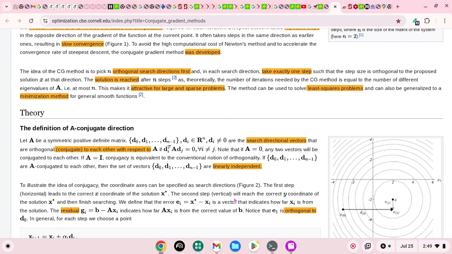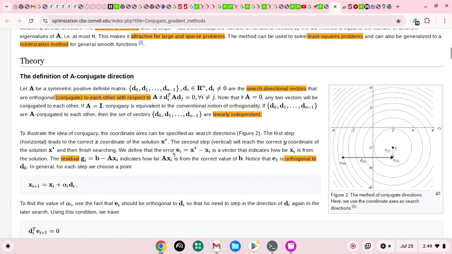The concept behind the conjugate gradient method relies on the definition of a conjugate. Two vectors are defined to be conjugate if their inner product based on the matrix A equals 0. Here we take n linearly independent A-conjugate vectors d0 to dn minus 1, where A, as stated earlier, is a symmetric and positive definite matrix.